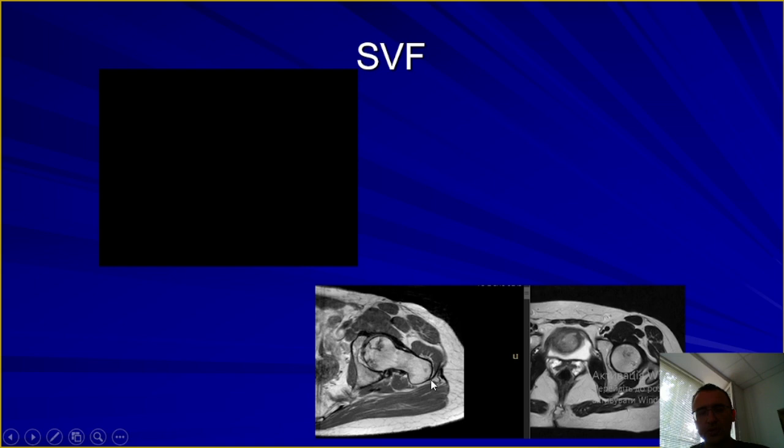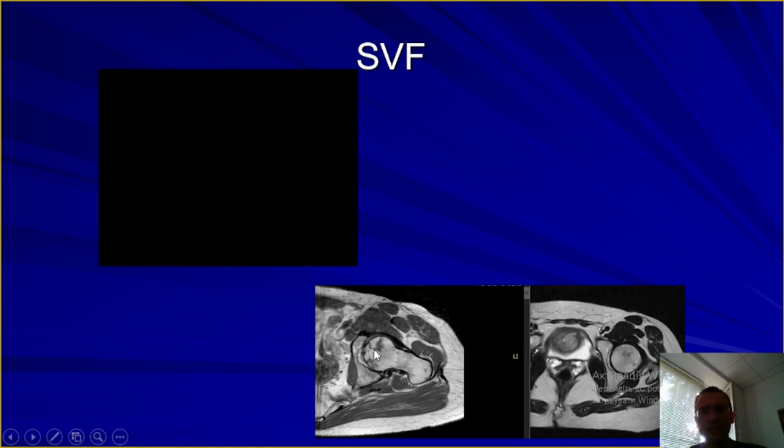In this case we perform a canal using a wire from the trochanter to this focus of osteonecrosis and implantation of stem cells. After a year you see the femoral head is completely restored, and it helps the patient to avoid joint replacement.